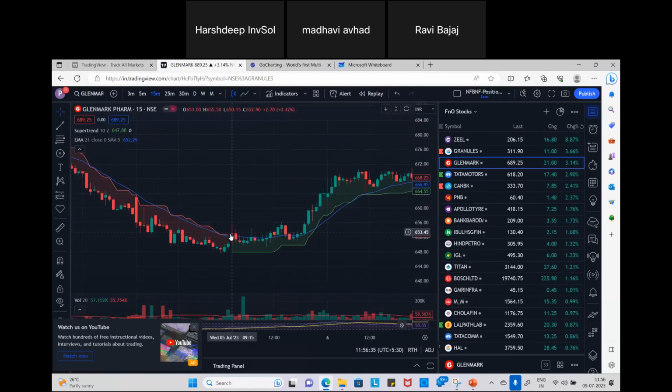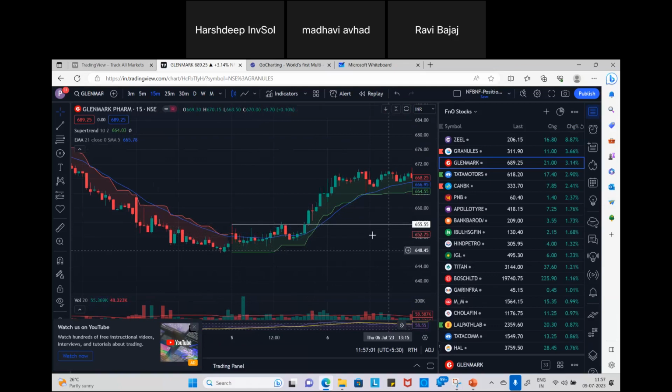Okay. And if you take an entry, the entry will actually be on this day. So mark its high. Your entry will fall on this day. So the price is 655 rupees.